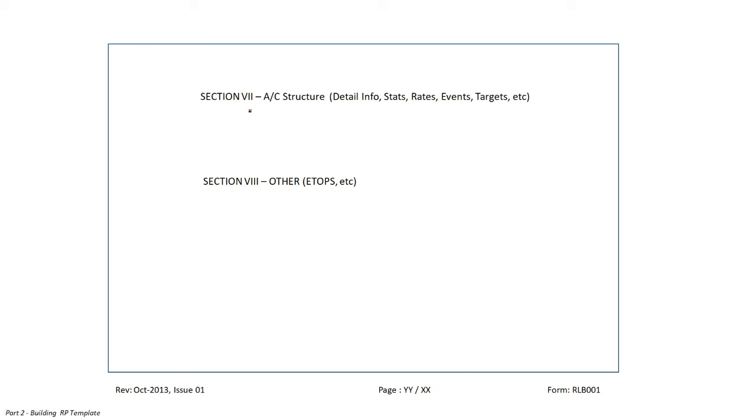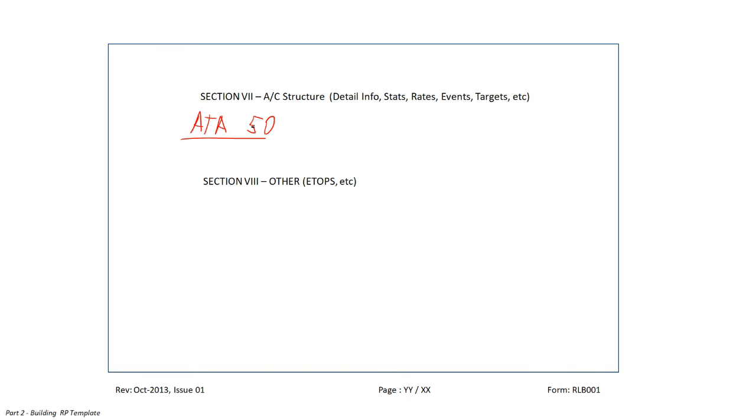But what I would like to mention, we can say, hey, do you know what? Actually, I don't need section 7 or a special section for aircraft structure. I can include aircraft structure information in systems. As far as I remember, right, the structure ATA starts from ATA 50, right? It perfectly fits, right?